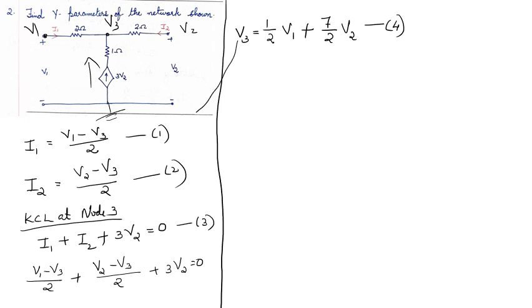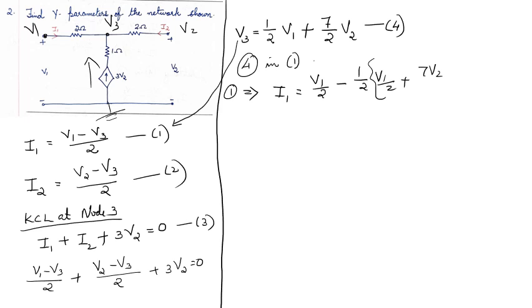Now substitute value of this V3 in equation 1 and equation 2. So substituting equation 4 in 1, we will get I1 is equal to V1 by 2 minus 1 by 2 into V1 by 2 plus 7V2 by 2.